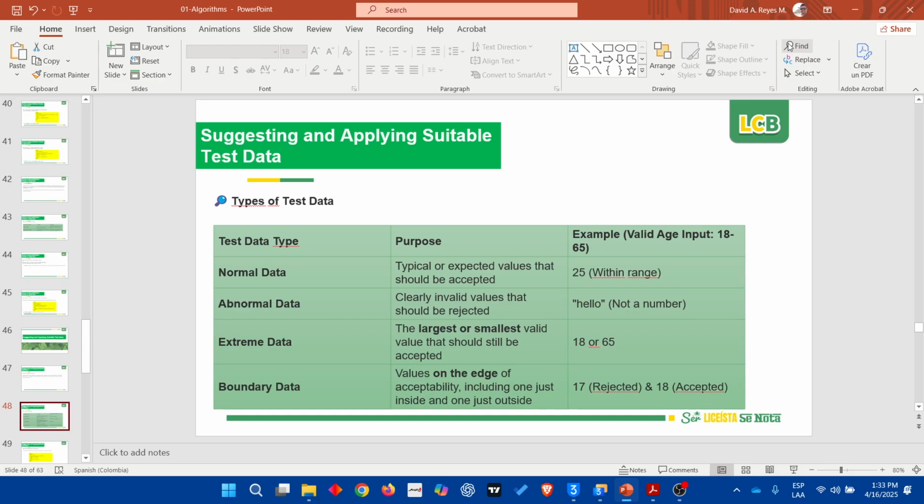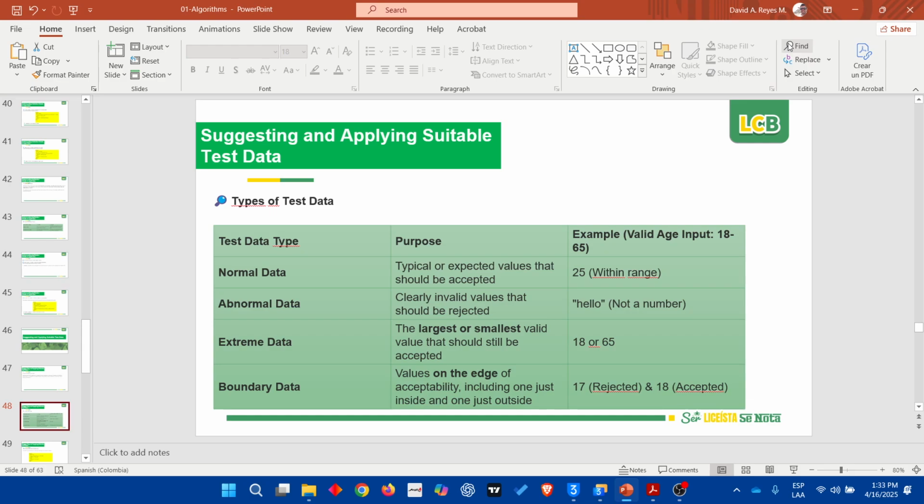Extreme data. Extreme data means that you are going to use the limits of the range. In this case, the range is 18 and 65, and you use them. You put 18 or 65. That is the extreme data. And boundary data is when you put something outside the range, in this case 18 to 65, you put 17.